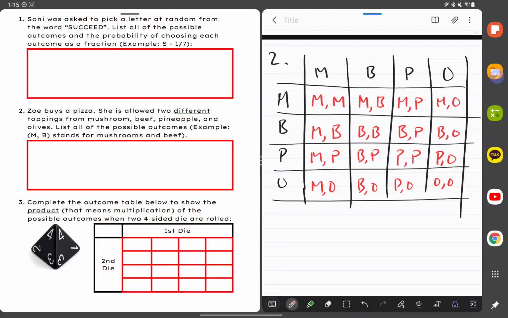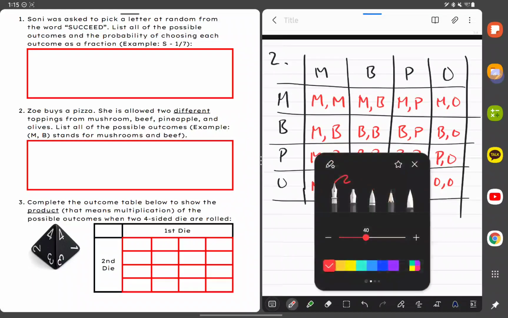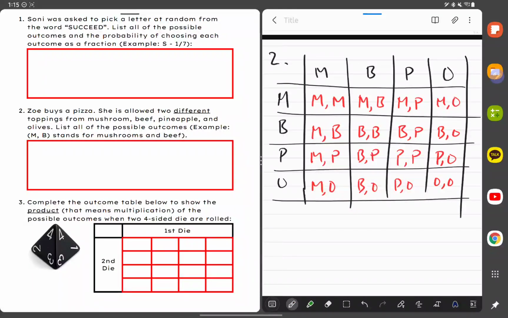So Zoe buys a pizza. She's allowed 2 different toppings. Okay, so seeing that word underlined makes me think that MM is not a possibility. Mushrooms and mushrooms is not a possibility. I'm going to have 2 different toppings. You might say, oh, she's allowed to, but she doesn't have to, right? I'm not sure.